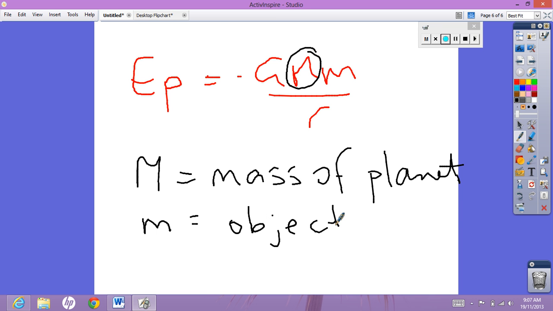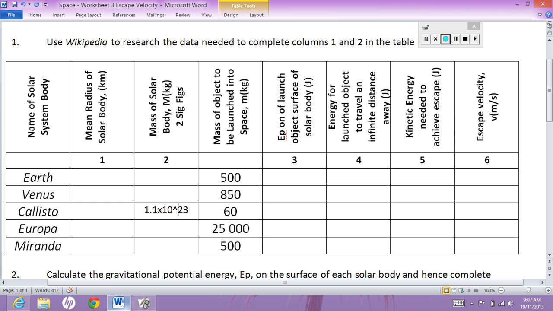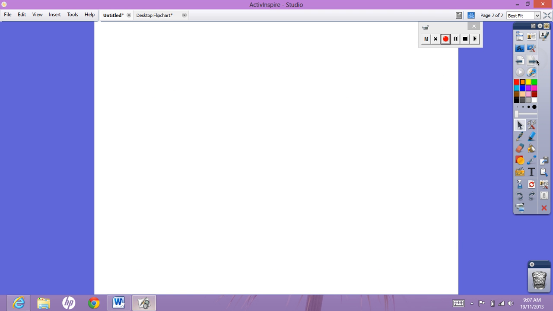Now that data for the mass of the object is found in the third column along here, which is unlabelled and unnumbered. So we're going to launch a 60 kilogram object from the surface of Callisto. So popping those in, we're going to calculate EP.